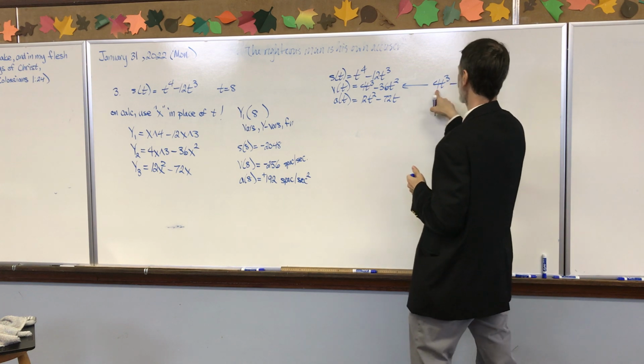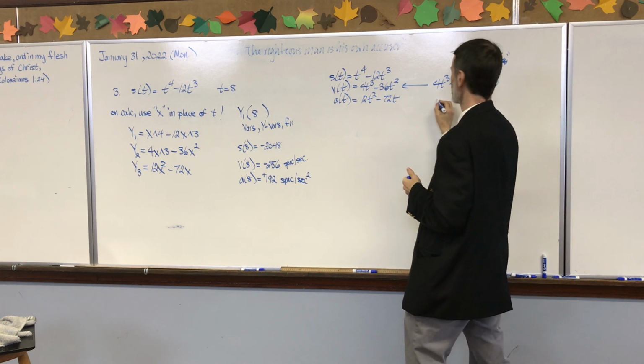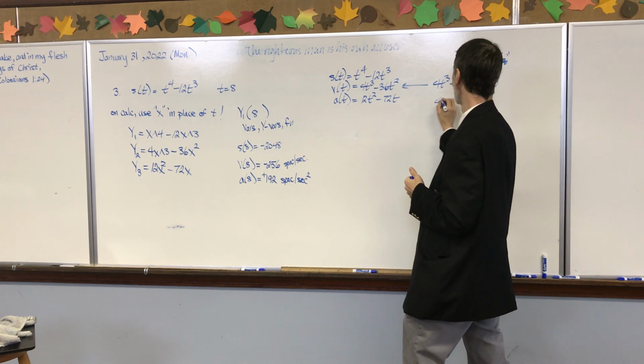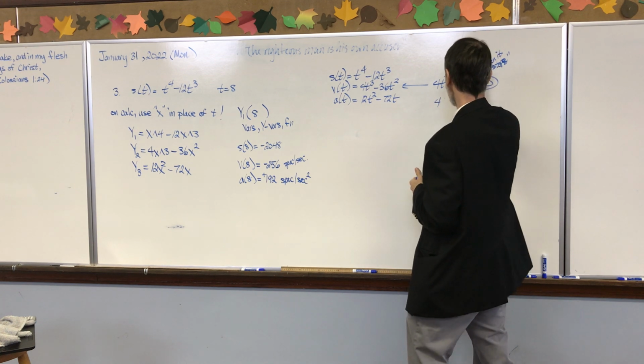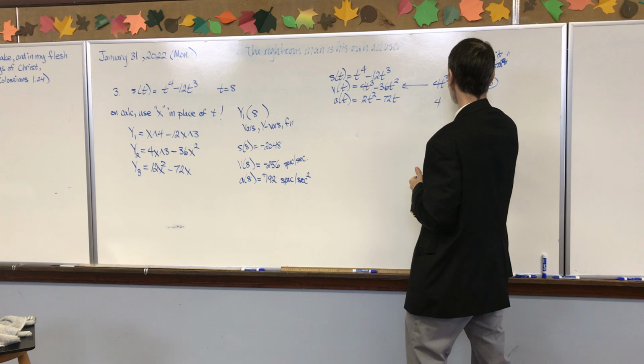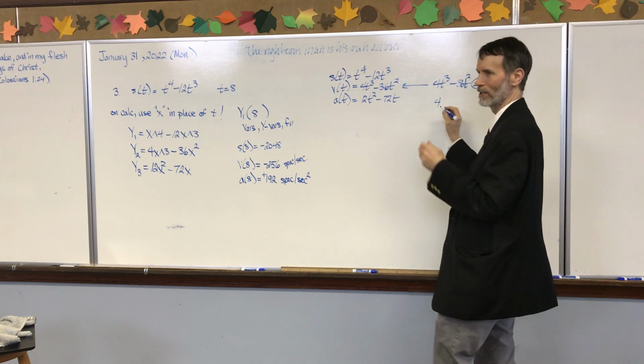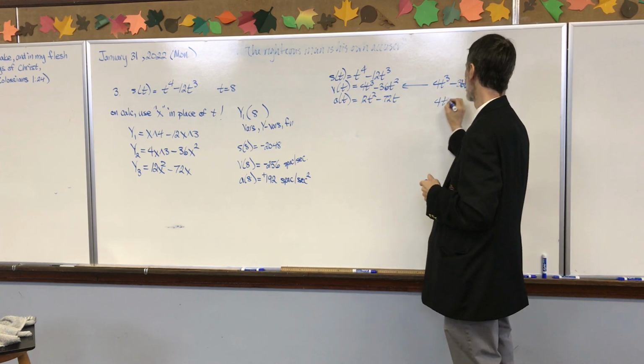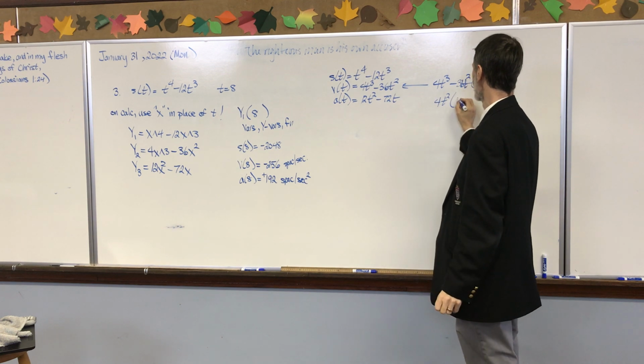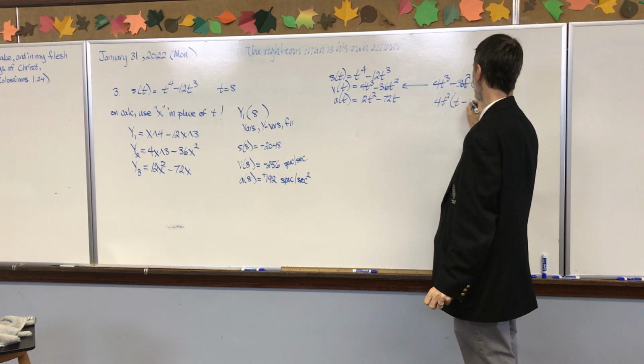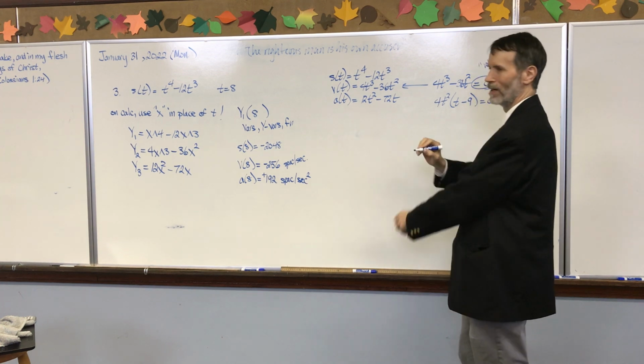What's the GCF? 4, and then what? This is 36t squared. So what's the GCF? 4t squared. What's left behind? You have t minus 9. Solve.